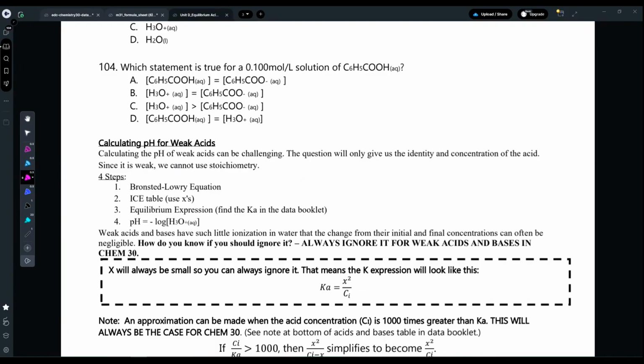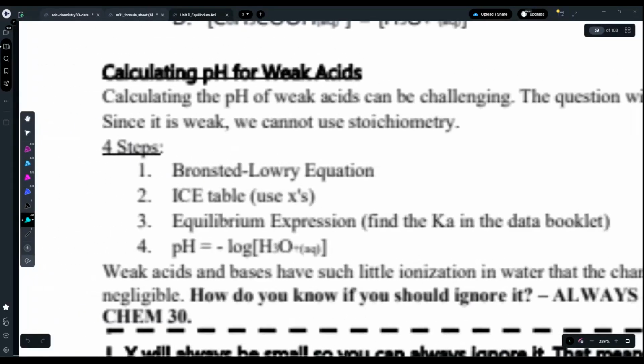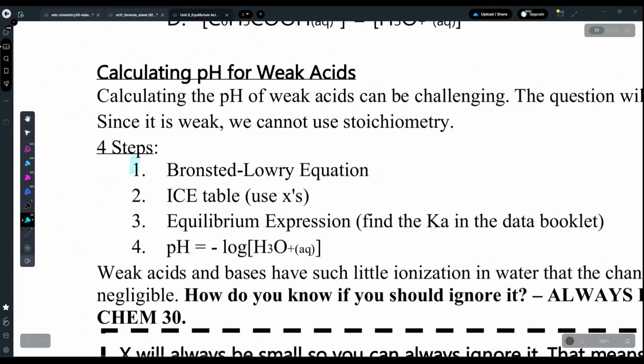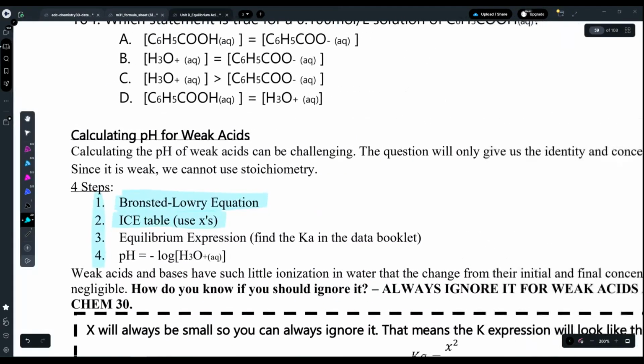So what that means is for weak acids, we absolutely need to use ice tables to help us calculate the pH of them. So the 4 steps that we're going to go through are these. We're going to use a Bronsted-Lowry equation to write our balanced chemical equation, then use an ice table to organize our information.